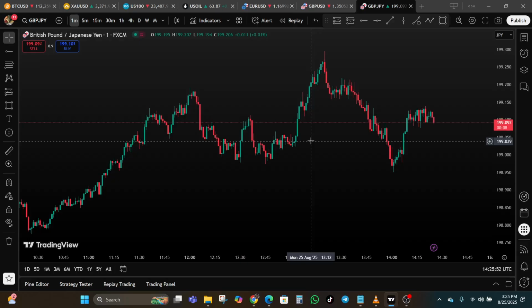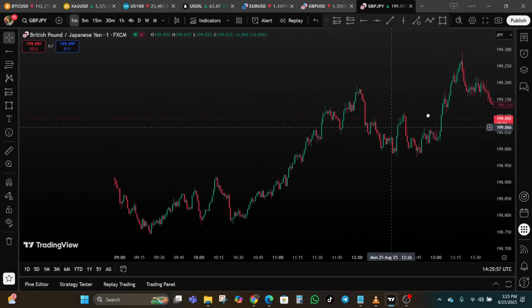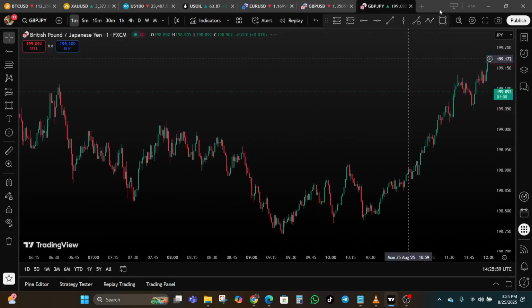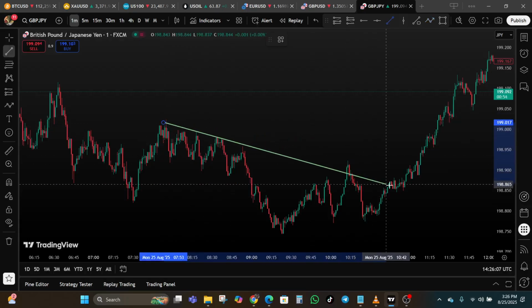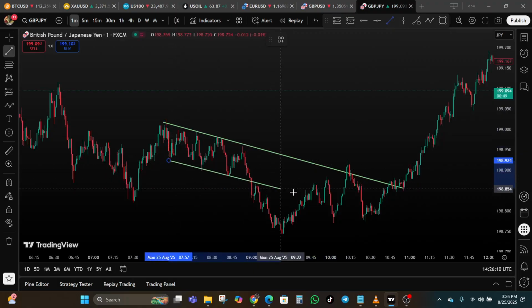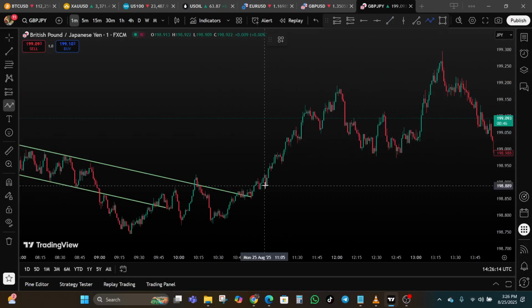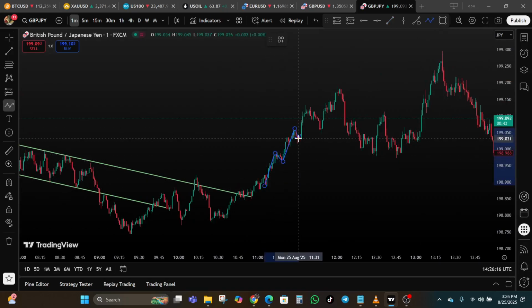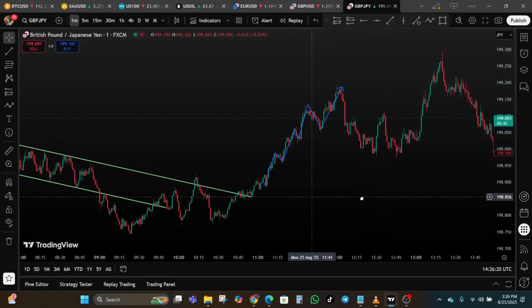So let us start with market structure. Even on the M1 chart, structure exists. That is the reason why you're still going to be seeing things like bearish trend lines, bearish channels, bullish channels, and higher highs and higher lows, because structure still exists on the 1 minute chart, of course.